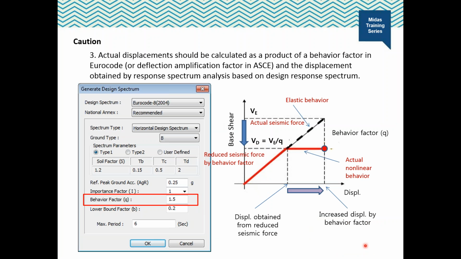The capacity of structural system to resist seismic actions in the nonlinear range generally permits their design for resistance to seismic forces smaller than those corresponding to a linear elastic response.